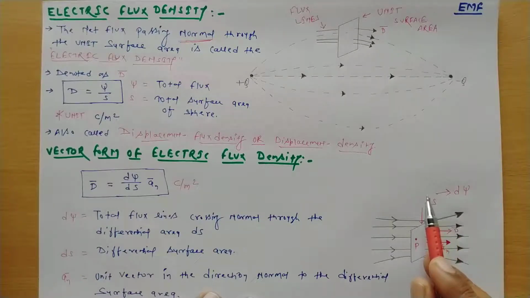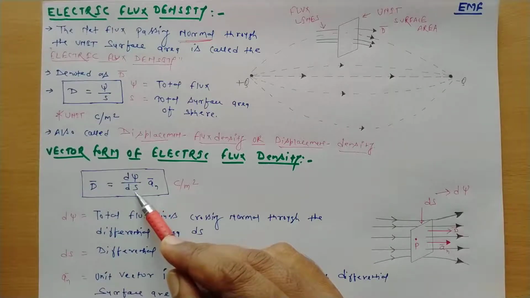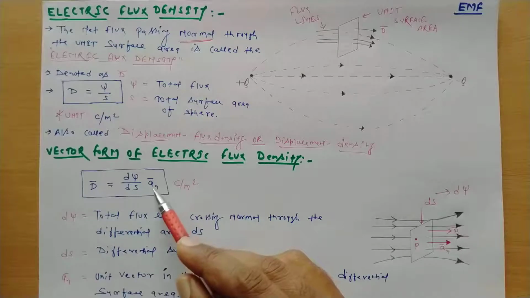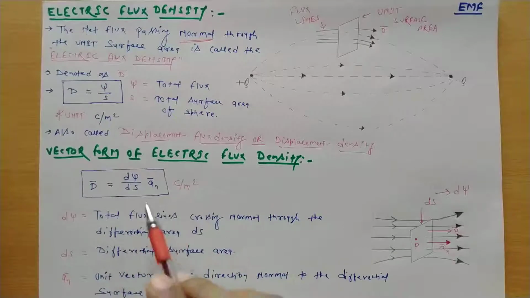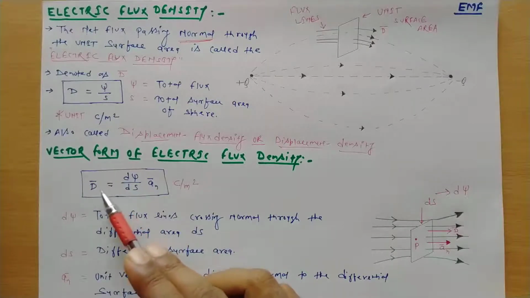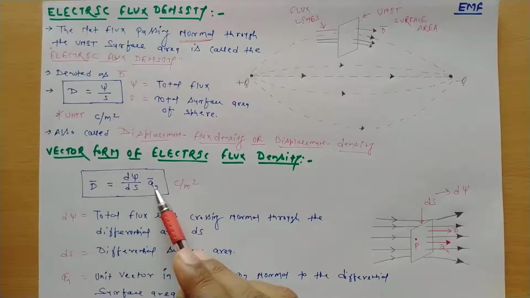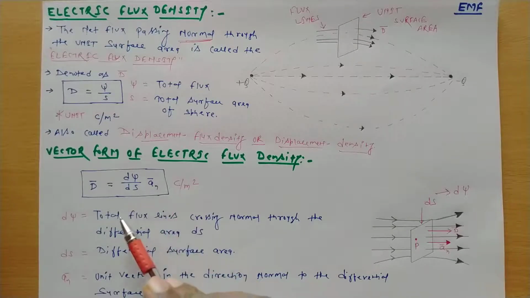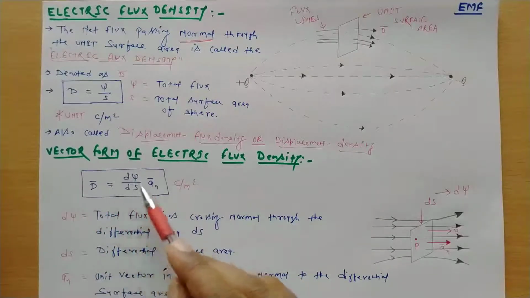So we can define the electric flux density in vector form as d psi by dS, the differential amount of flux lines passing through a differential amount of surface, and a_n showing the direction of the lines. So here I have taken vector D equals d psi by dS times the unit vector a_n, which represents the direction. This is the equation of the electric flux density in vector form.